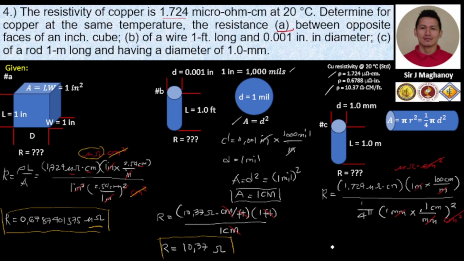So finally, solving for your R, your R is equal to 21,950.64975 micro-ohms.